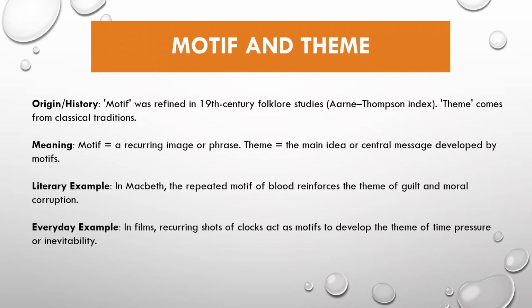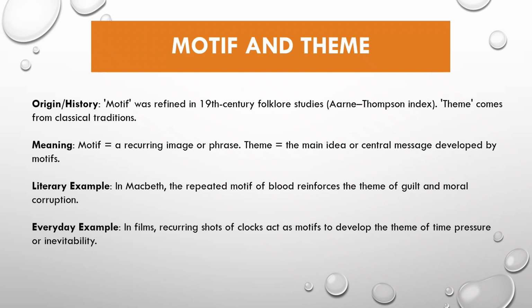So you will find that this motif, the motif of blood, appearing a repeated number of times, develops or reinforces the theme of guilt and moral corruption in that character. Then in everyday examples in films, you see recurring shots of a clock.